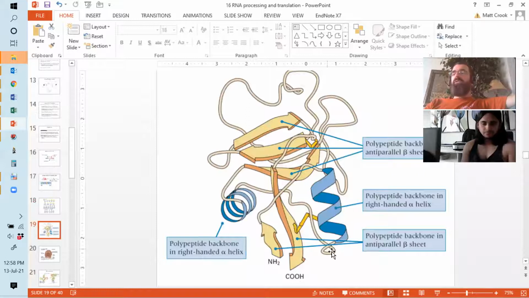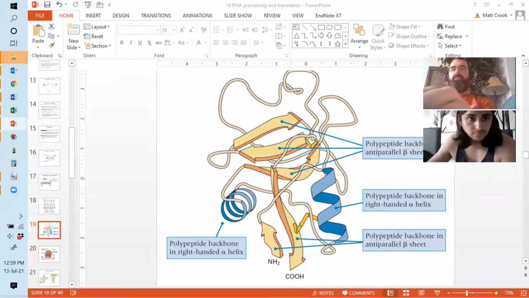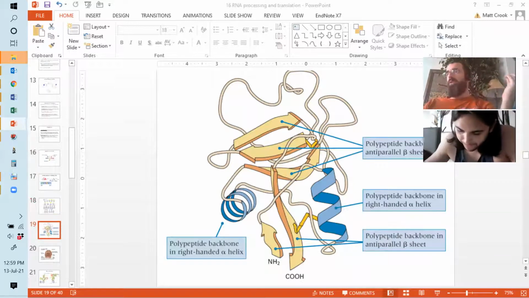And so once you have a polypeptide, now you get what is called the tertiary structure. So we have primary structure equals polypeptide sequence, a string of amino acids.